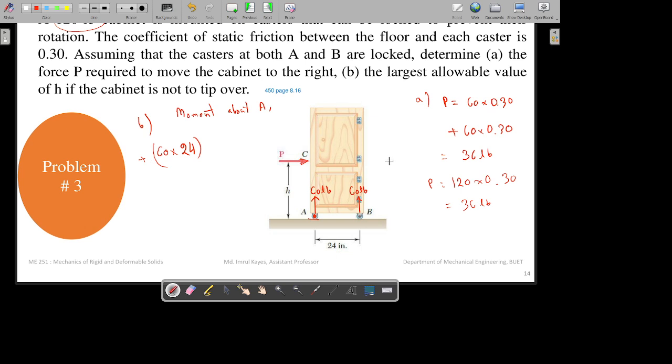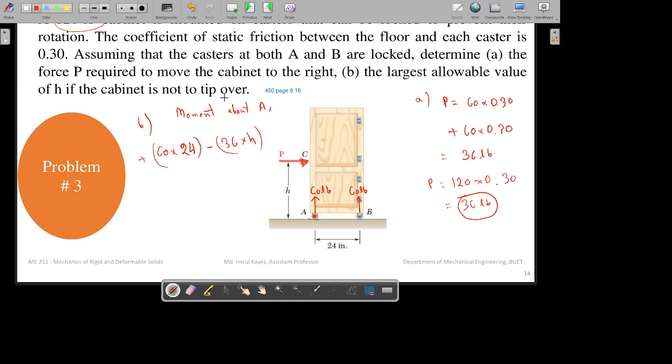And the moment for this P force will be force multiplied by the distance, right? So the force is 36, the value of P we have determined, so it will make clockwise rotation, so the moment will be negative: minus force multiplied by the distance h, which we don't know.